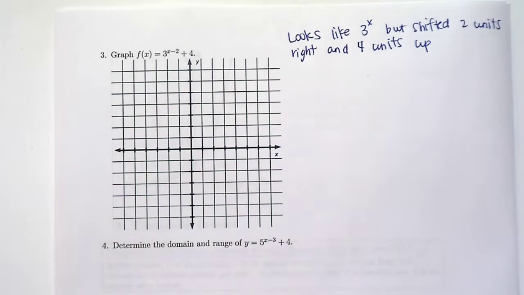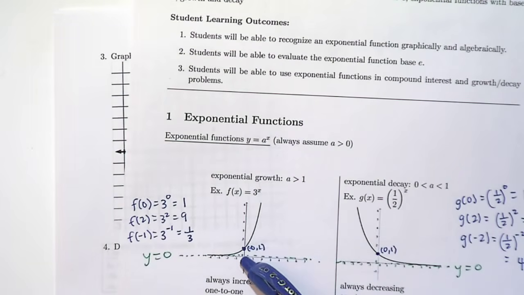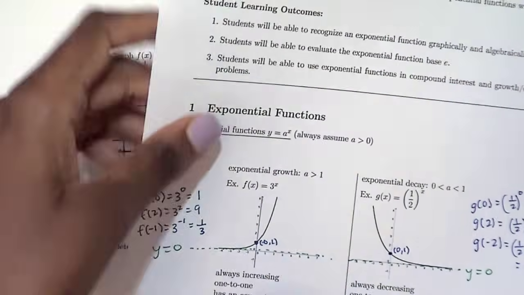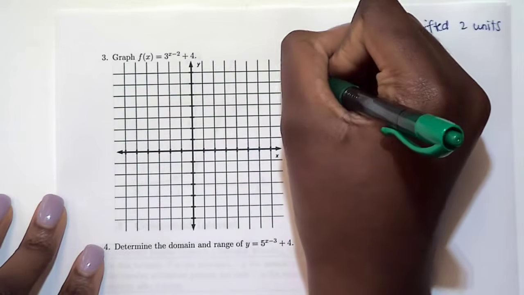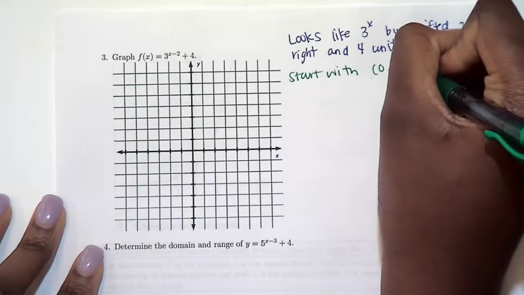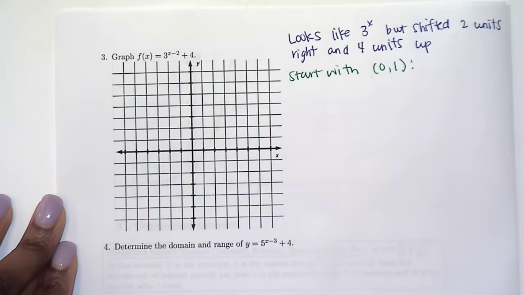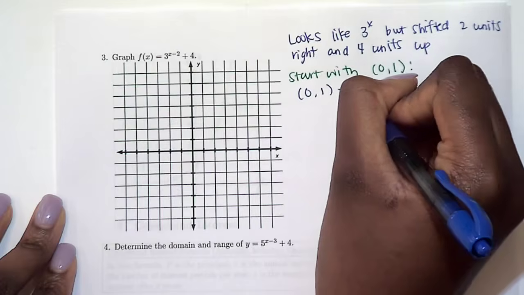So the thing we can do is think about 3 to the x and then just do transformations to figure out the rest. If you go back to the first page, we already know some things about 3 to the x. We know that it has the point 0, 1 on it, so let's look at 0, 1. And we're going to transform it.